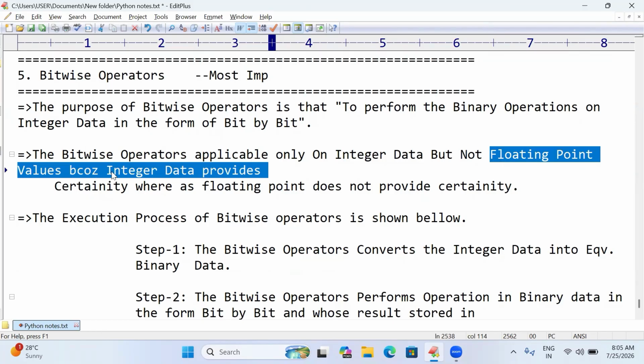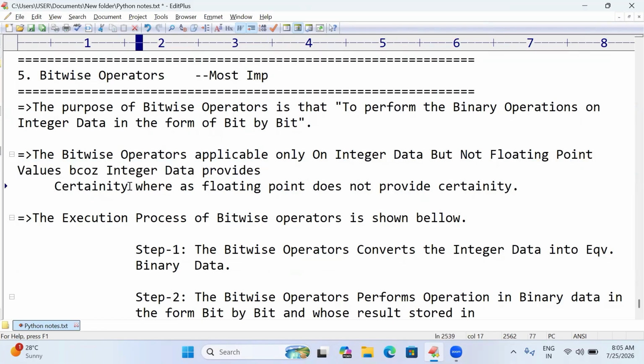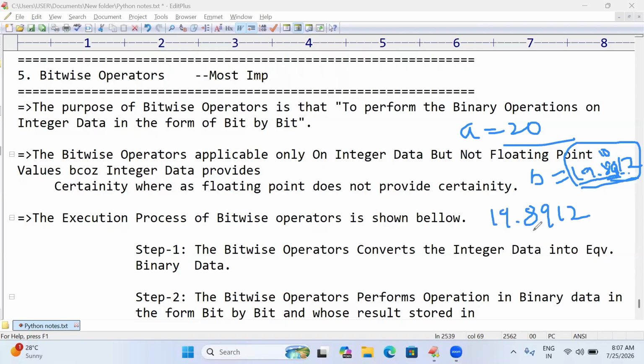Why? Because integer data provides certainty, while floating point does not provide certainty. For example, if you consider a = 20, 20 is integer data, right? If I consider p = 19.899, after the decimal point, 89 is there.